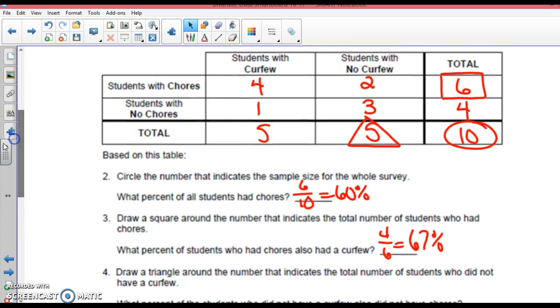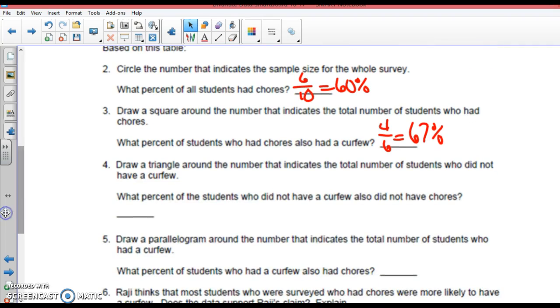So, how many do not have a curfew? It's 5. And how many did not have chores? 3 out of 5. Which is 60%.